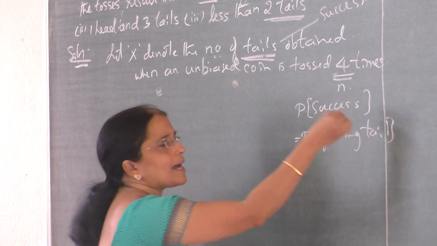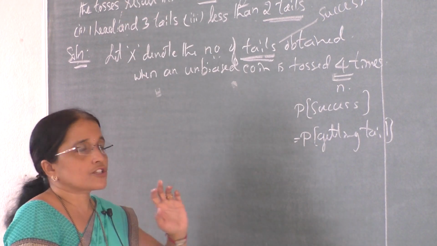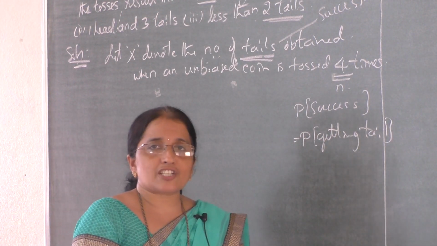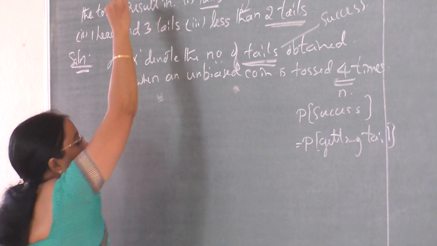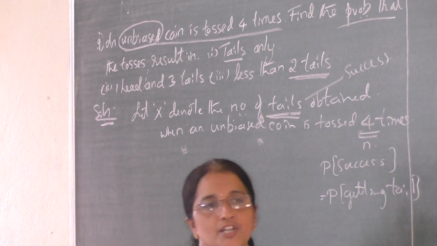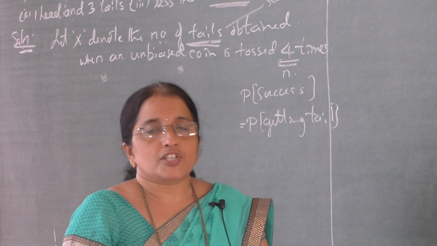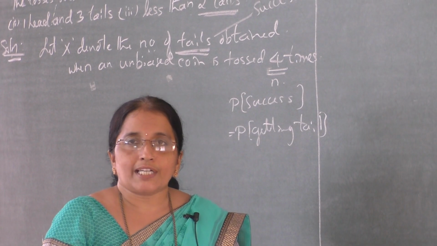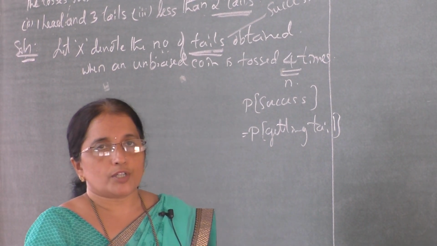Now what is the probability of getting tail? When an unbiased coin is tossed once, remember, always in probability theory, if the coin is unbiased, always consider the probability of getting head is the same as the probability of getting tail, which is equal to half.